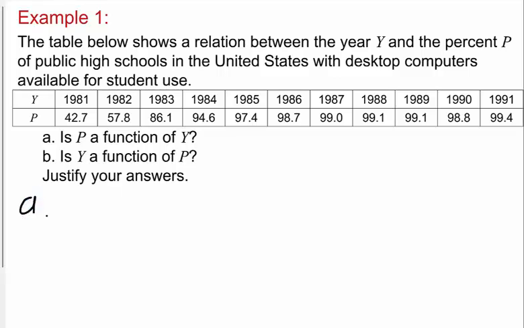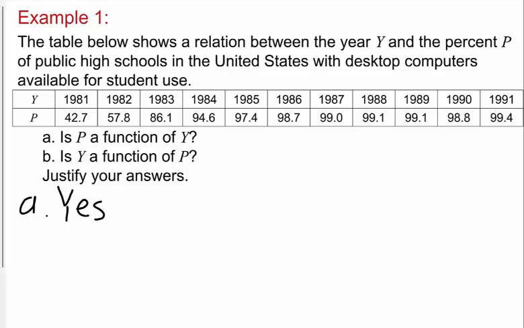Well, does P, the percentage, depend on the year you pick? Yes. If I pick 1981, I'll get 42.7%. If I pick 1987, I'll get 99.0%. Most schools had a computer that a student could use. So the answer to A is yes.